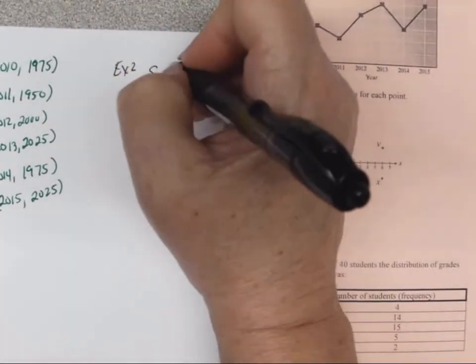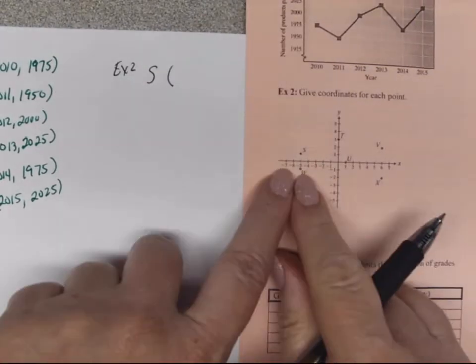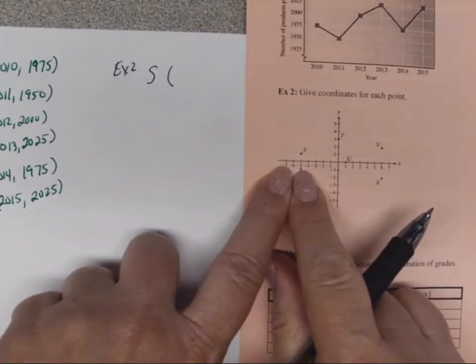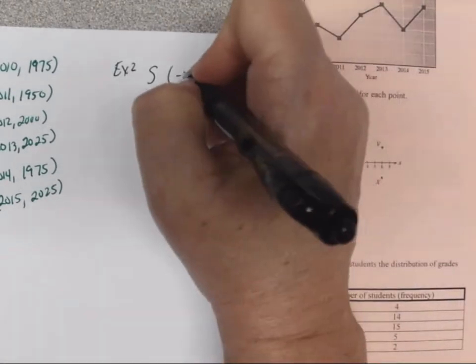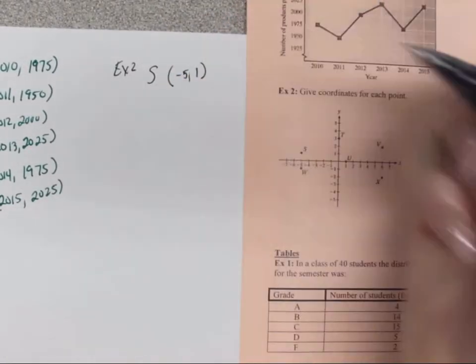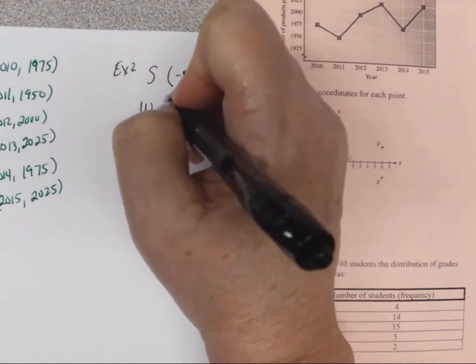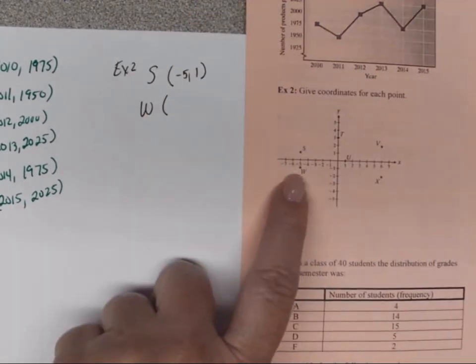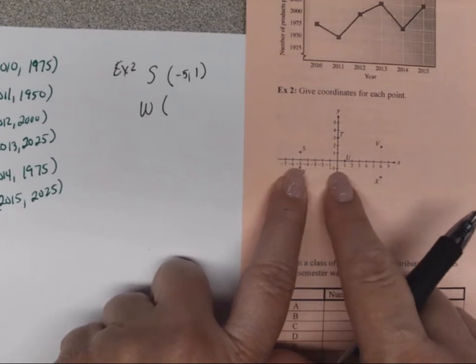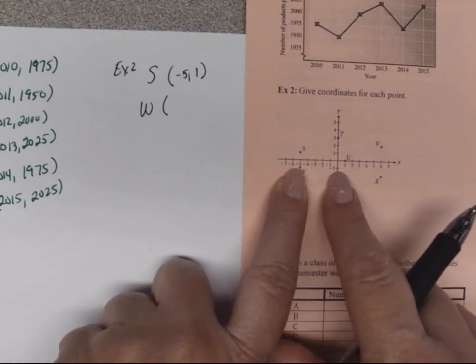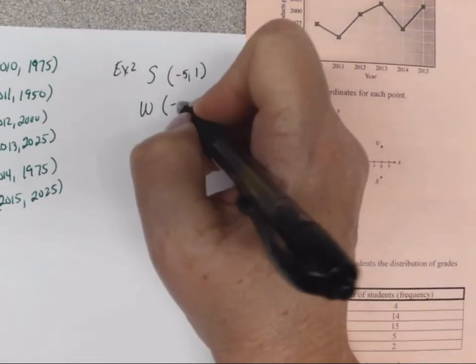So point S has X value of -5 and a Y value of 1. So -5, 1. W is my next point, and it still has an X value of -5, but the Y value is -1.